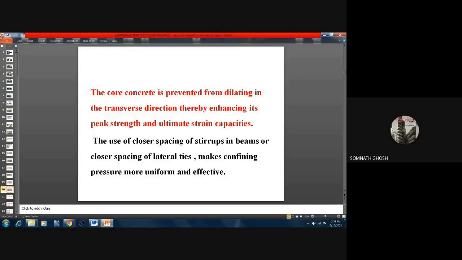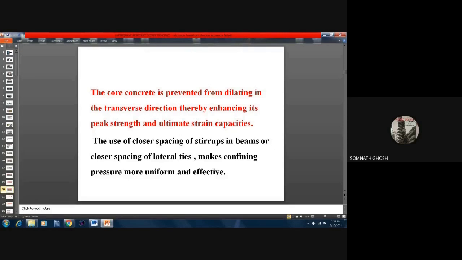Why? Because it has prevented the core concrete from dilation. And it provides more uniform pressure and effect. As a result, if you go for an experiment also, you will observe higher ductility where the spacing of stirrups is less. Spacing of lateral ties is less. Then you can expect higher ductility from the column.